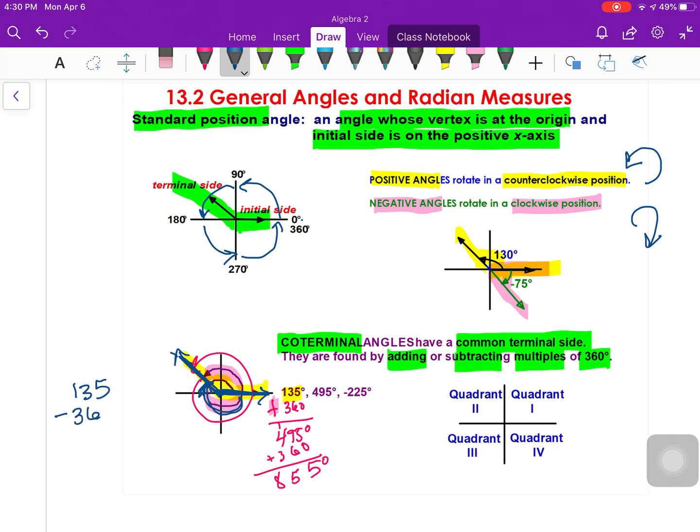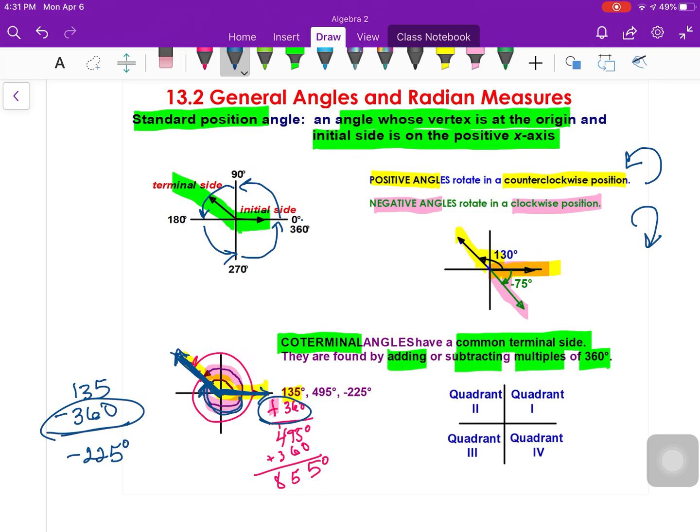Go backwards means subtract 360. That brings me to my negative 225 degree angle. So coterminal means they have the same terminal side, just how many times you rotate around. Notice we are either adding 360 or subtracting 360.